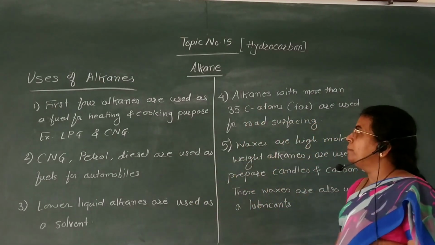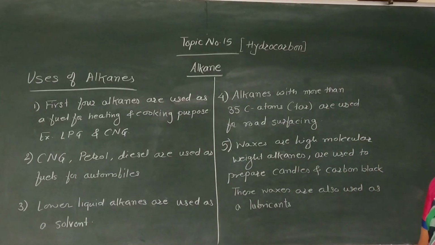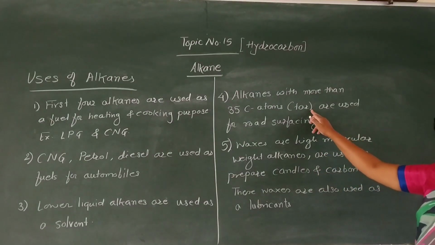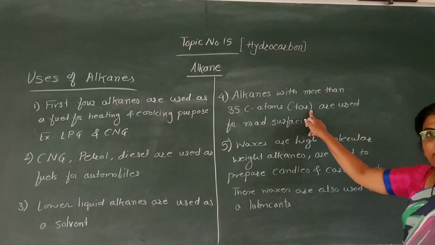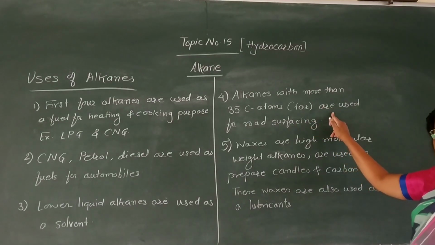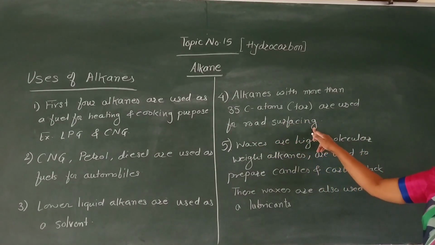Then number four, alkanes with more than 35 carbon atoms are known as tar, and this tar is used for road surfacing, that is, to prepare tar roads.